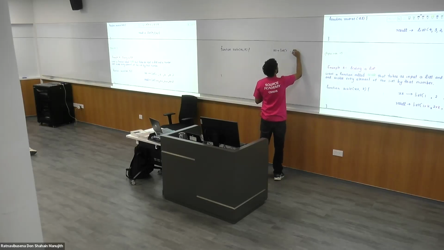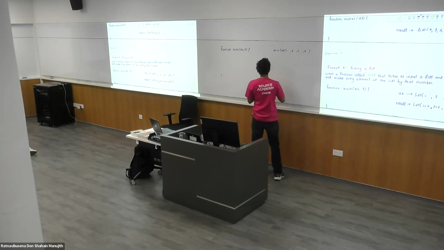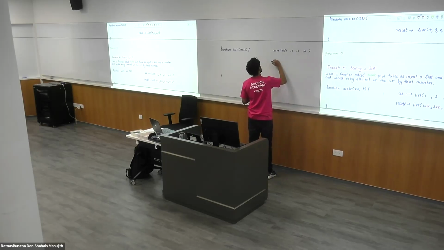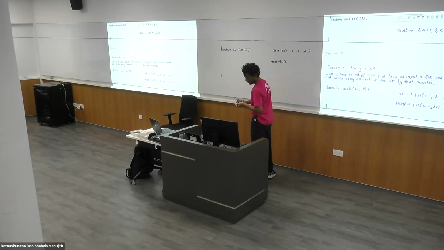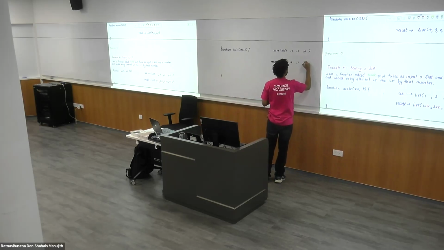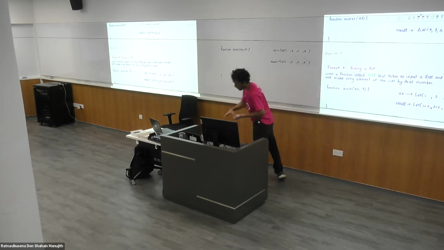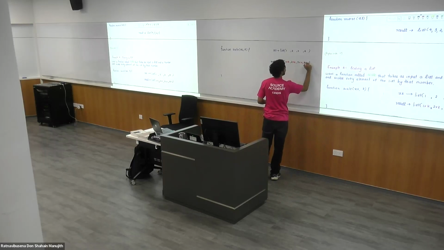Then we need to get the result, which is the list 1 times k, 2 times k, 3 times k, 4 times k.